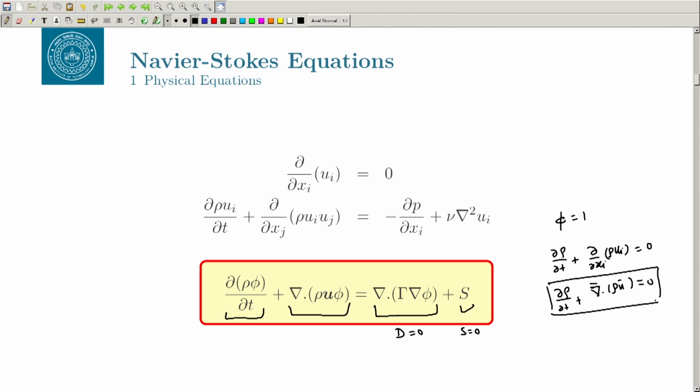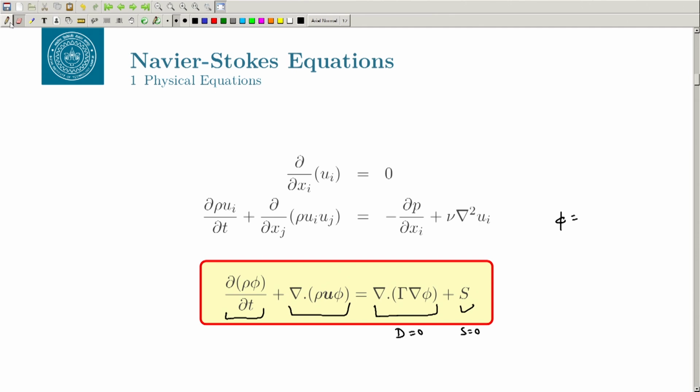Now, you put phi equal to u here. So, what you are going to do? We are going to put phi equal to u, and gamma equal to mu. So, how will this equation look like?